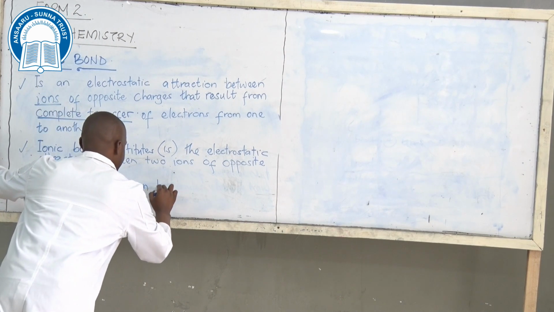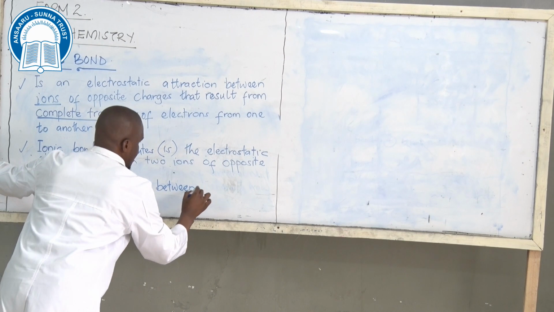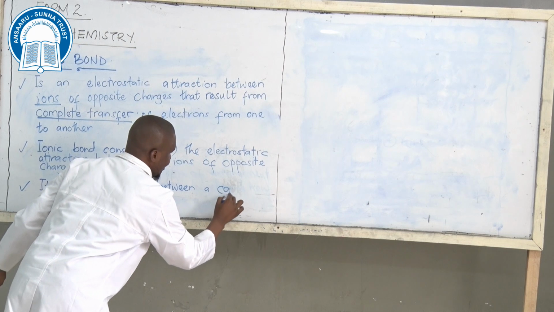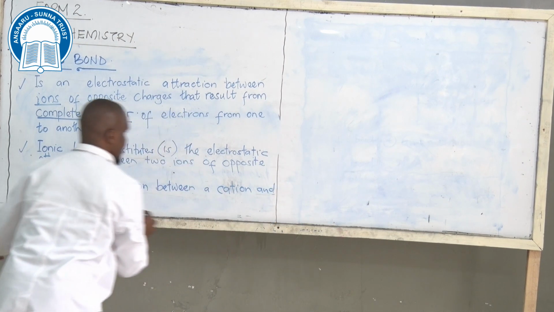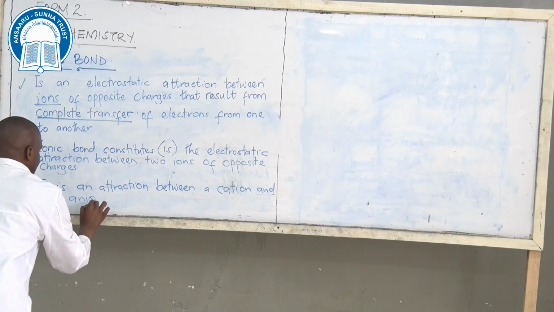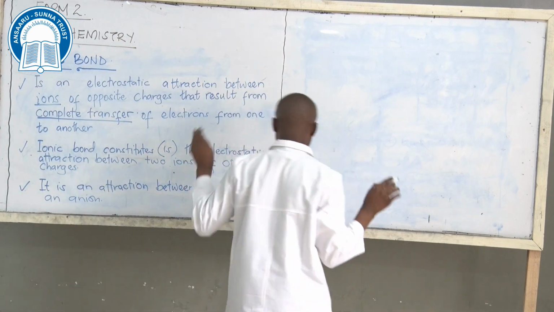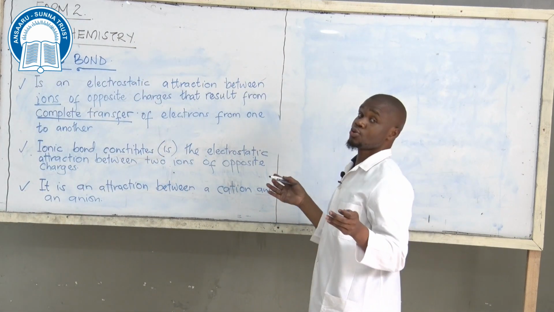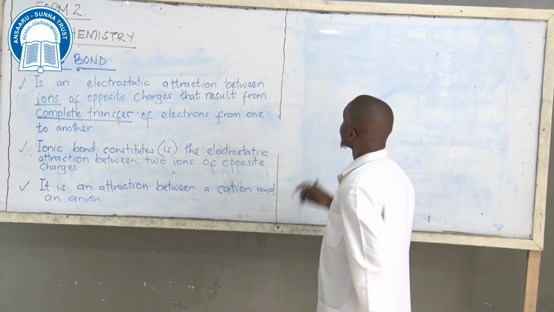In other words, we can say it is an attraction between a cation and an anion. Attraction between two ions of opposite charges. So for ions and for charges, we only have two. We either have a positive charge or a negatively charged ion.